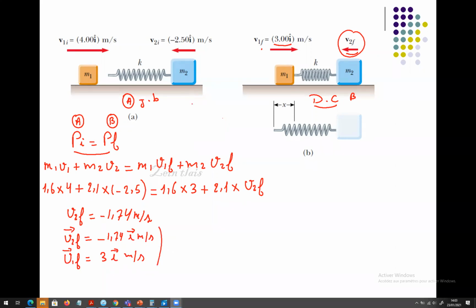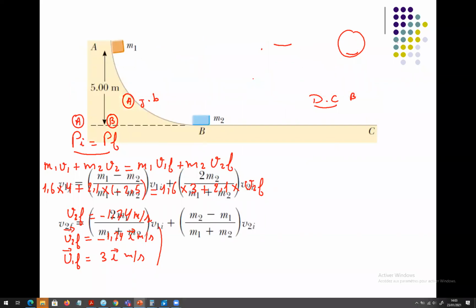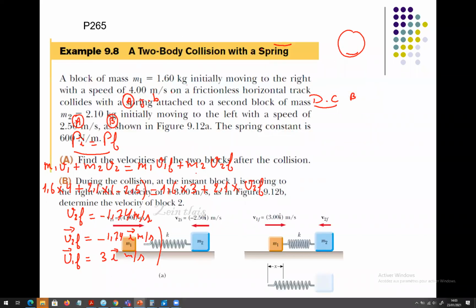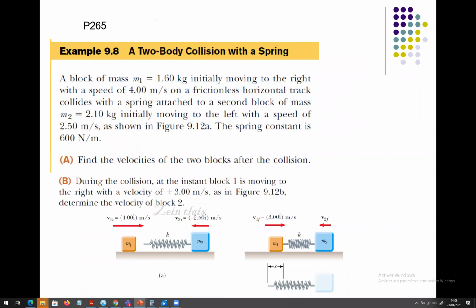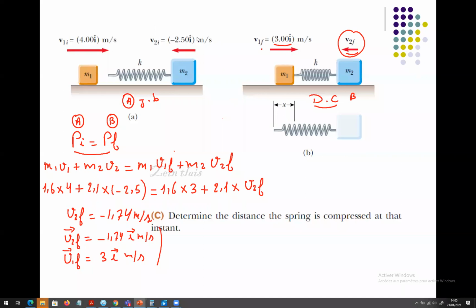Part C. Okay, let me write part C. I want to determine the distance the spring is compressed at that instant.